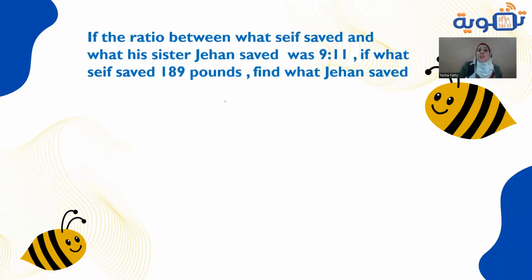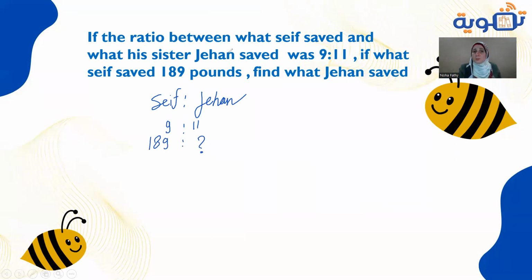If the ratio between what Ahmed saved and what his sister Jihan saved is 9 to 11, and he saved 189 pounds, find what Jihan saved. So I will write saved to Jihan, and I will rewrite the ratio 9 to 11. He saved 189. What did Jihan save?